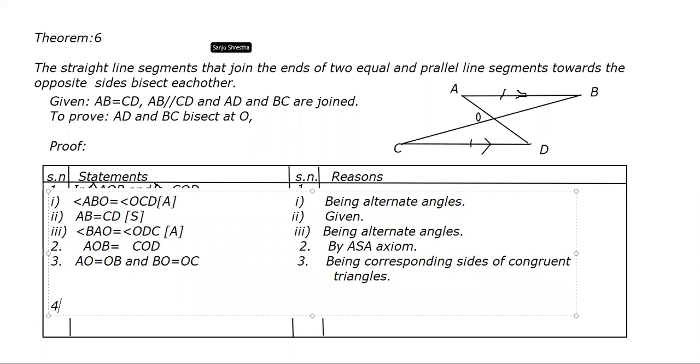That is why, now we can also write AD and BC bisect each other at O. Reason is from statement 3, because AO and OD are equal. Similarly, BO and OC are equal.